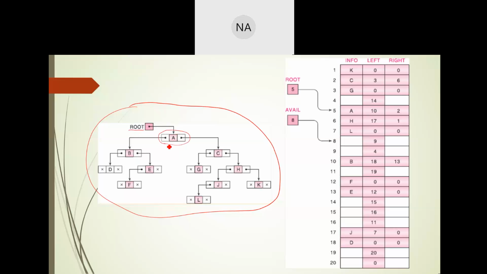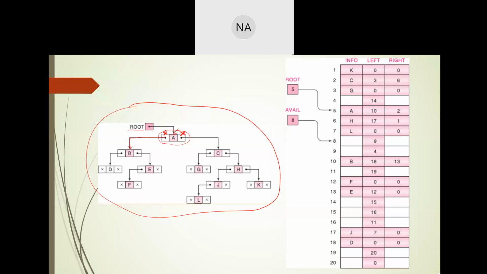A is the root node. A is the information of the root node, and this is the location of its left child, and this is the location of the right child of the root A. So this is the pointer to its left child.